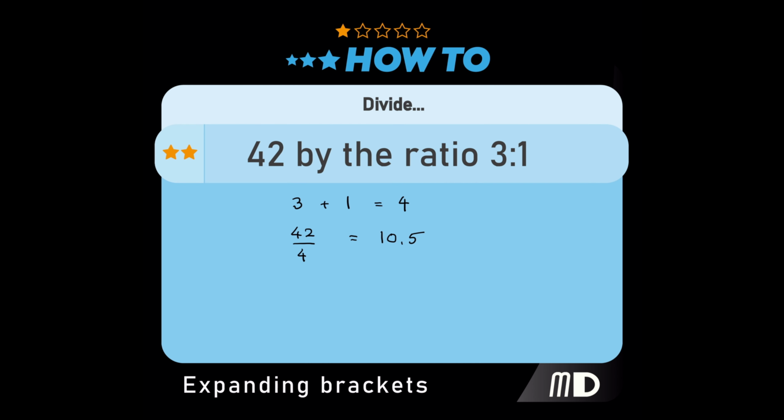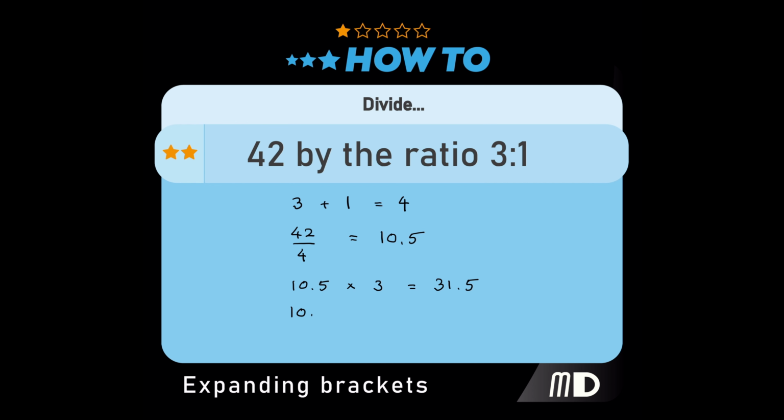Finally, to finish answering this question, we need to multiply 10.5 by each of the digits in the ratio. 10.5 multiplied by 3 is equal to 31.5.